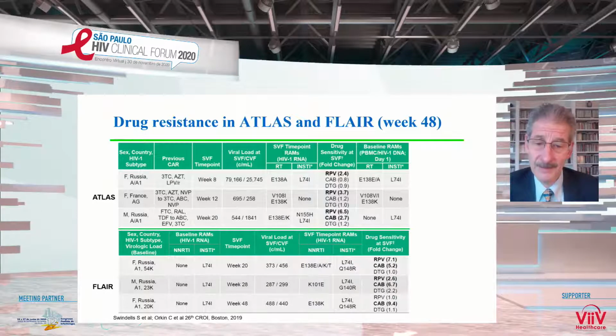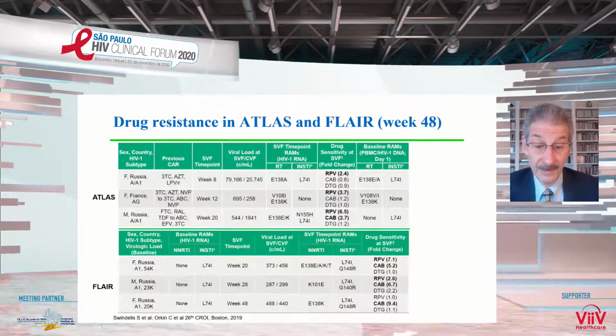This subtype is notable for the fact that it has a polymorphism at position 74. And you see that all of the Russian isolates have this 74I mutation. 74I by itself does not confer resistance to cabotegravir or to dolutegravir, but in 4 of the 6 participants, additional integrase inhibitor resistance mutations were found at the time of virologic failure.